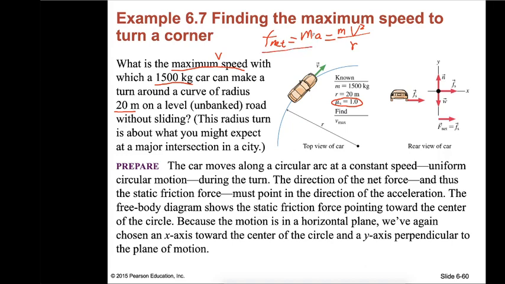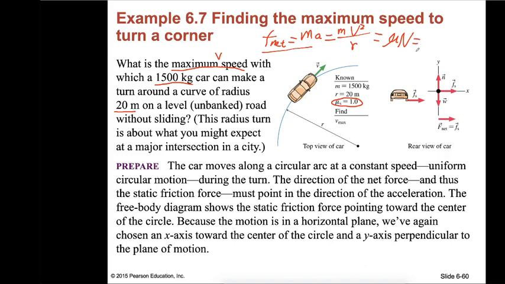Net force equals ma, and ma equals mv squared over r. And here, net force is actually, as we said, your friction. That's the static friction between tire and the surface of the road, which is mu N. Do you remember this equation? Fs, the friction, equals mu times N.